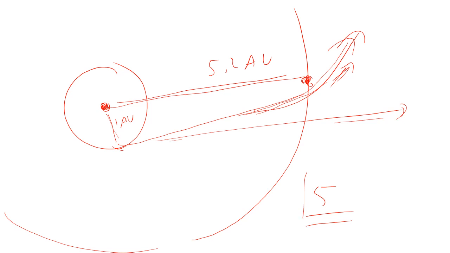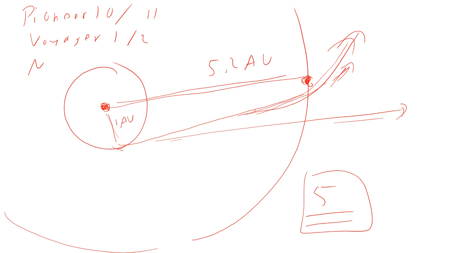And so that's how we got these spacecraft. The Pioneer 10 and 11 spacecraft, and the Voyager 1 and 2 spacecraft, and New Horizons. That's how we got them to achieve escape velocity from the solar system.